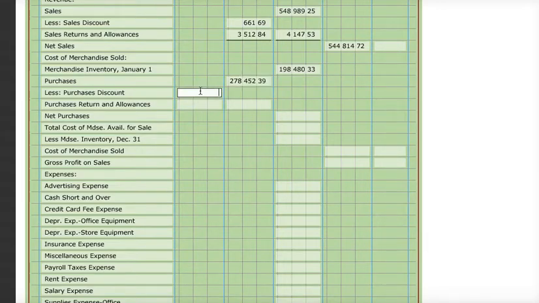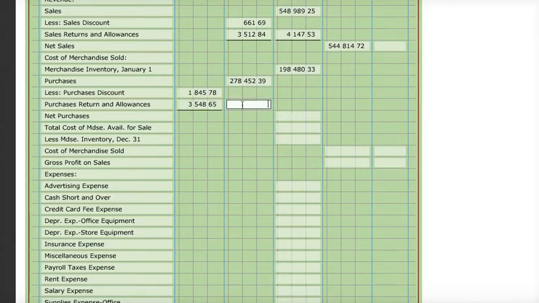Less purchases discount, line 33 it looks like. Credit is 1845.78, and then my purchases, returns, and allowances right below it for 3548.65.